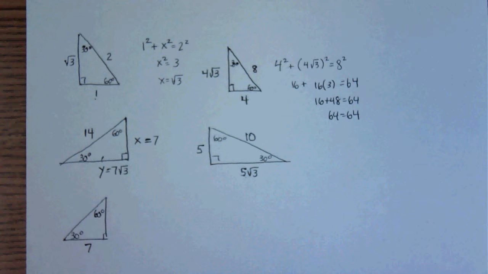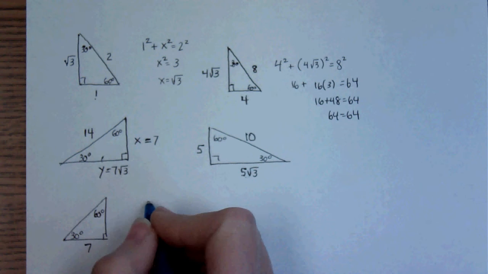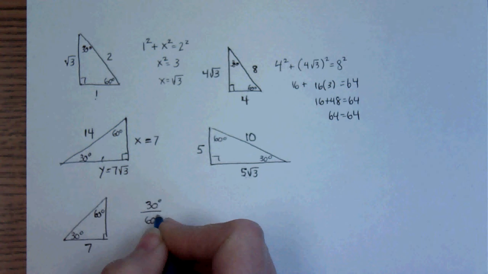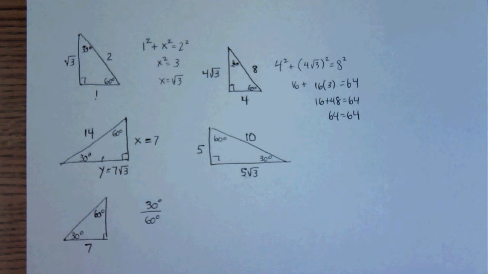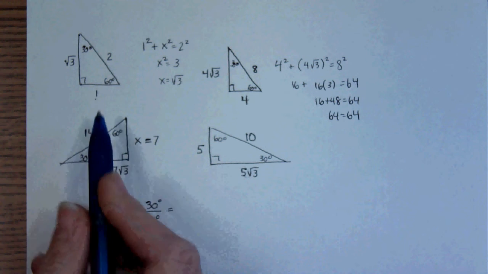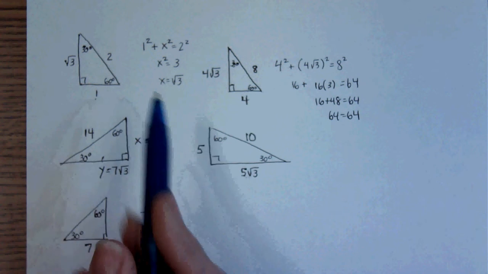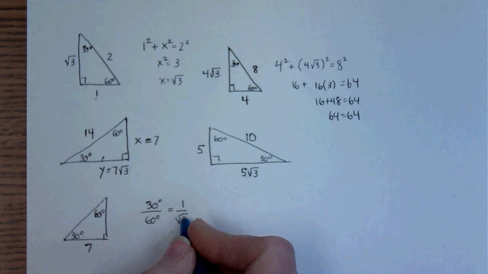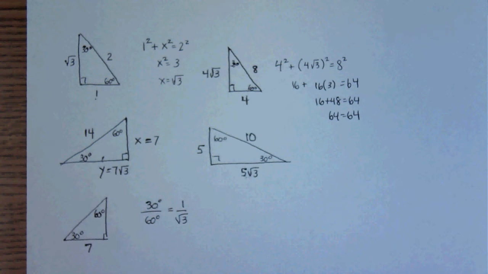But it's not set up perfectly, so what I would like to do is go back and say, well, the side across from the 30 degree angle always compares to the side across from the 60 degree angle in this ratio: the side across from the 30 is always 1, and the side across from the 60 is always the square root of 3. That's the ratio.